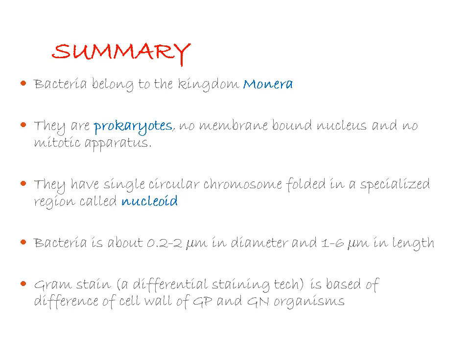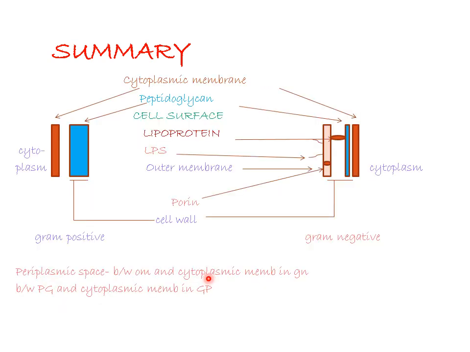Bacterial cell is about 0.2 to 2 micron in diameter and it is about 1 to 6 micron in length. Gram stain is a differential staining technique which is based on the differences between cell wall of gram-positive and gram-negative organisms, and it helps to differentiate bacteria into being gram-positive or gram-negative. This is a diagram showing difference between gram-positive and gram-negative cell wall.